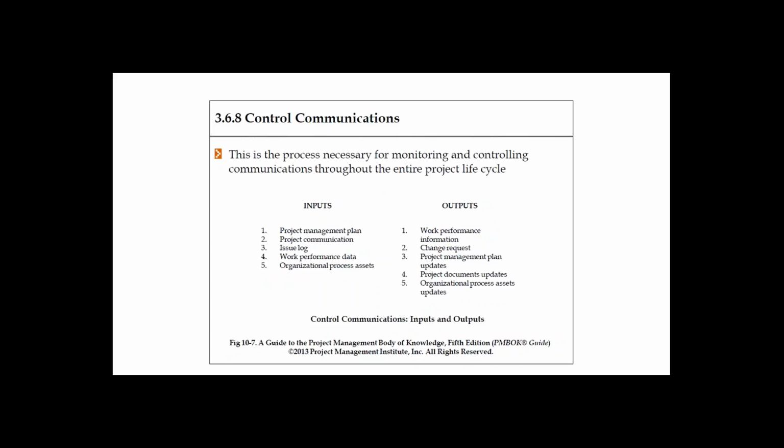You have control communications. This is a process necessary for monitoring and controlling communications throughout the entire project life cycle. Inputs: project management plan, project communication, issue log, work performance data, organization process assets.